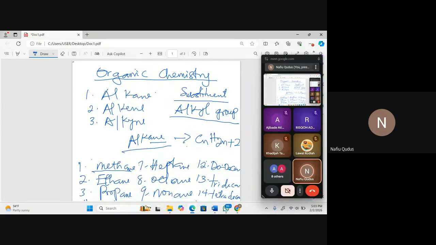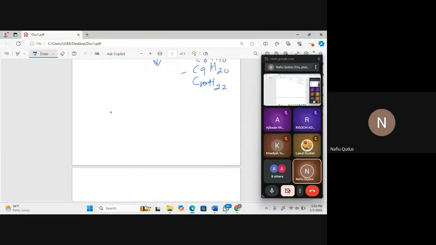We are done with the alkane family. We need to move to the alkene family. For the alkene family, we have the general formula of what? CnH2n. This is the formula for alkene that we have, CnH2n.